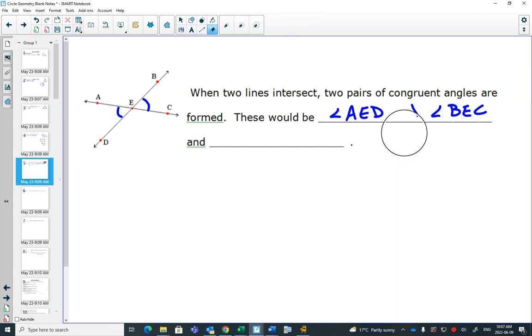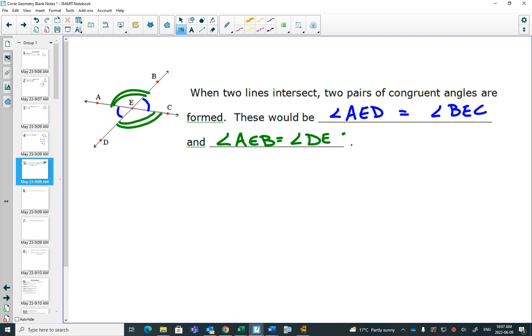Maybe I'll put an equal sign in here because they would be equal. And then I'll switch colors, and this angle is going to be equal to this angle. So angle AEB would equal angle DEC. So the opposite angles when lines intersect are equal.